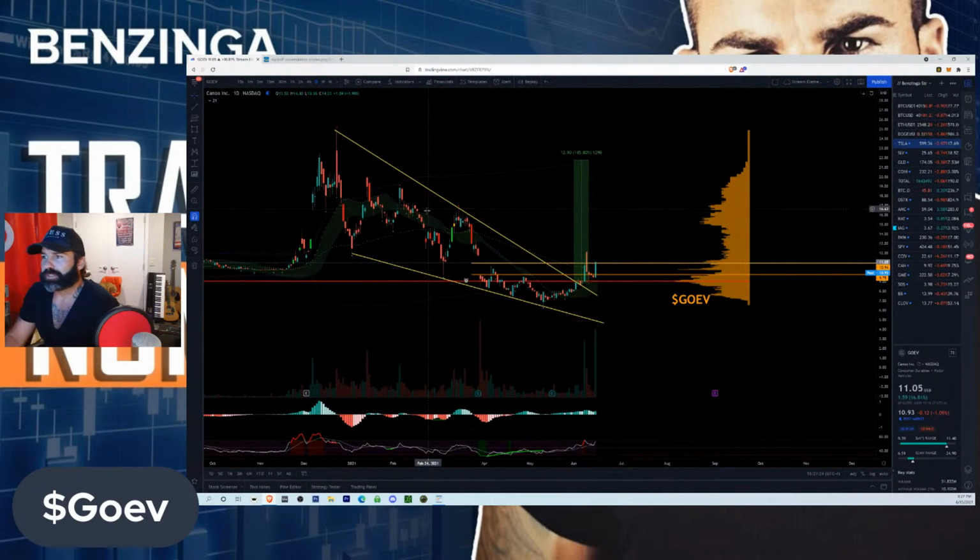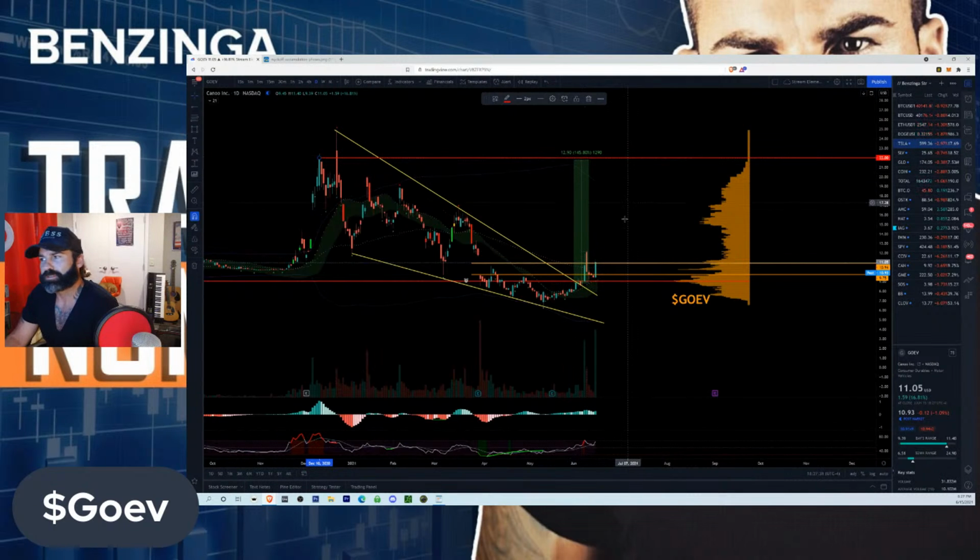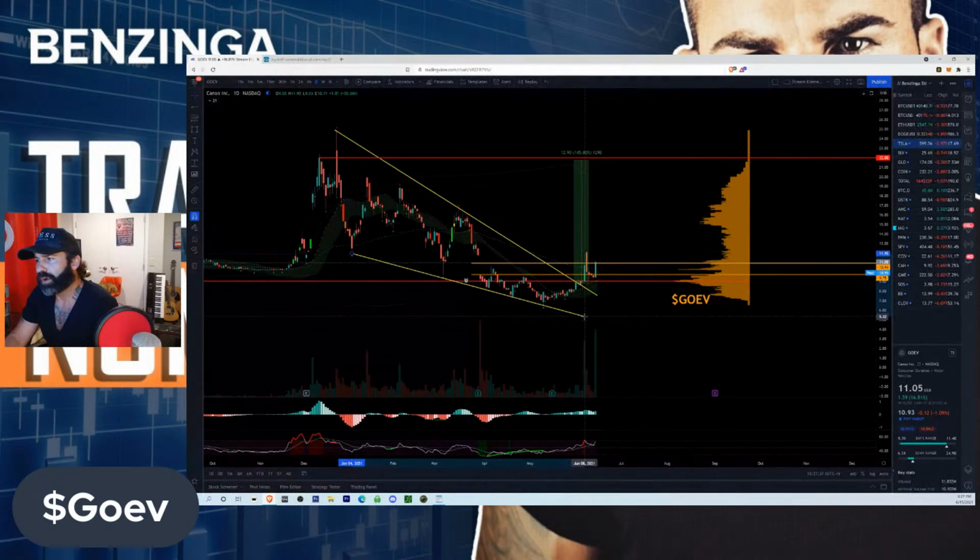And essentially, if we do see the measured move of this structure here, it's going to bring you right back up to that high, right back to $22. That's strictly off the measured move.